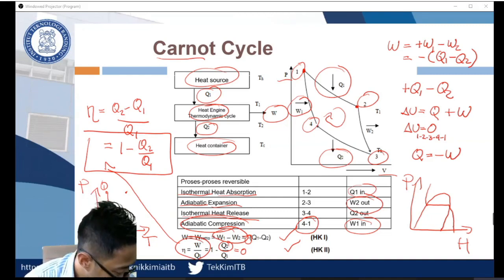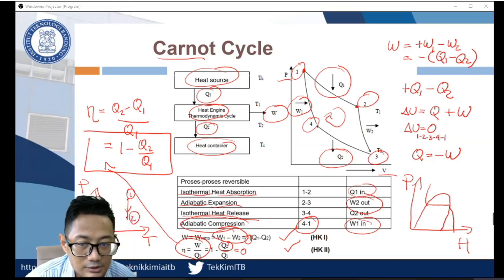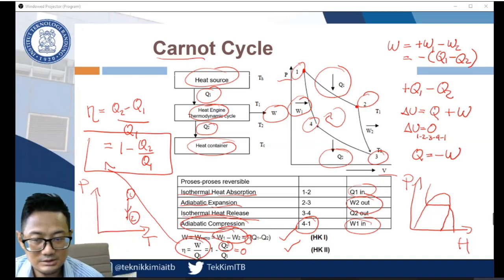Oh, no, sorry, my mistake. I should write a little bit to the right. Point 1 to point 2. Why is it straight? Because this is an isothermal process. Point 1 to point 2 is an isothermal process.